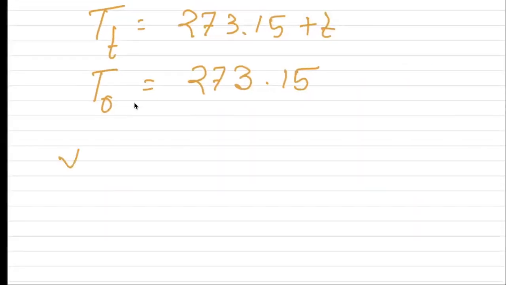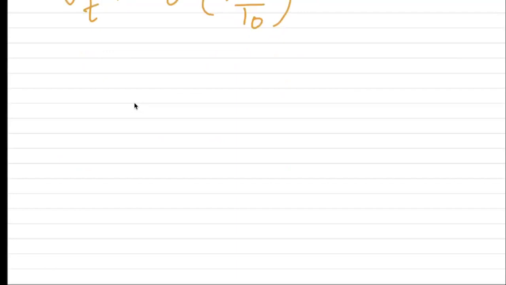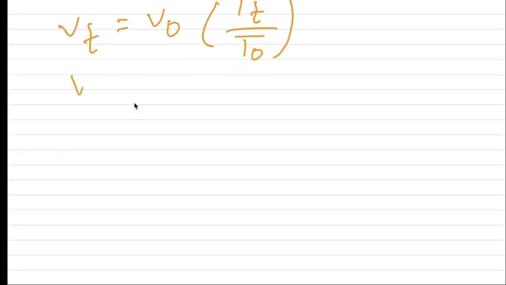It becomes Vt equals V0 times Tt by T0. If we simplify it more, Vt by V0 equals Tt by T0.